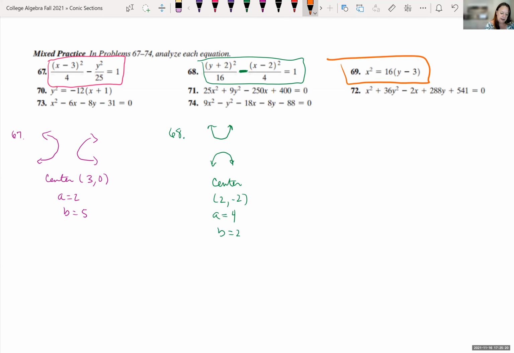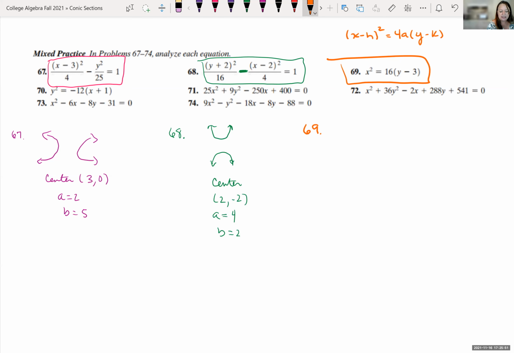69. If I look at this, there's only one variable that's squared, and it's the x. So y is not squared in that equation, which tells me it's a parabola. And if x is squared, then I know it's a parabola facing up or down. Recall we had something in the form of (x minus h) squared equals 4a times (y minus k).